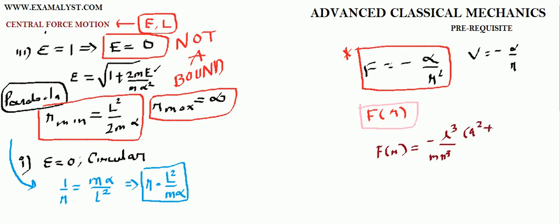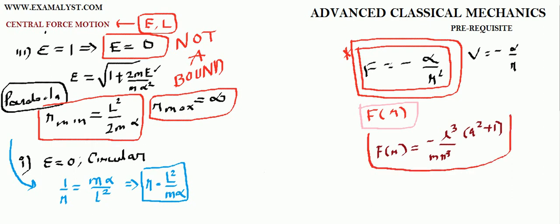Don't you think this force is quite weird? Gravity had an r square dependence, but this force has an r cube dependence. Is this a central force? Yes, it has to be, because all central forces are functions of r, whether cube, square, or whatever.